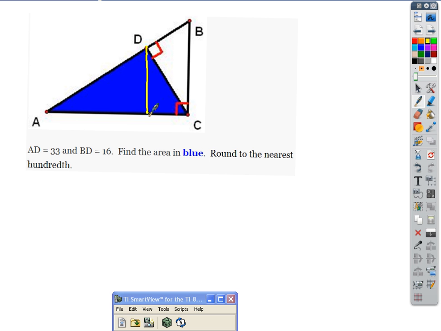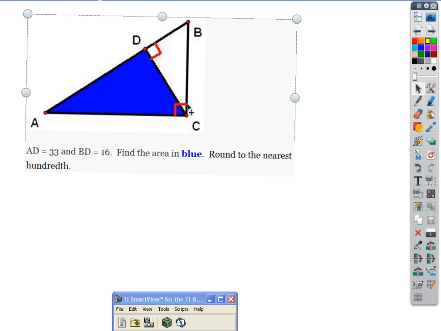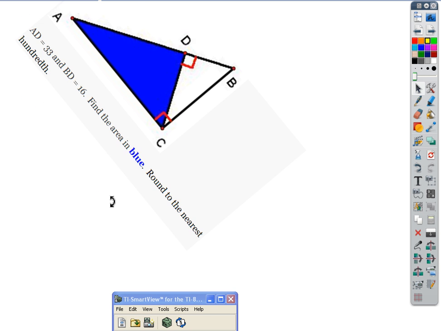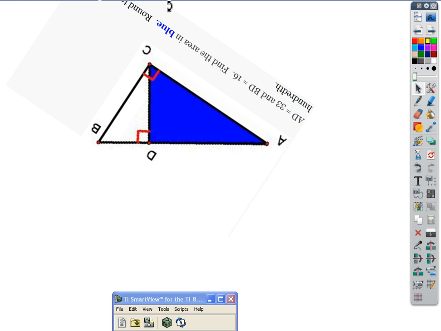Okay, so instead, what I want to do with this one is flip it around like that, don't I? So that's how we set the triangle up. Here is the base, right? And there's the height. Now, it's hard to read this, but it's telling us that AD is 33.